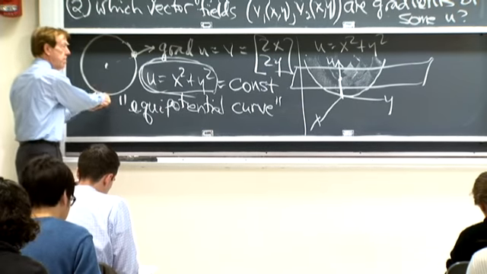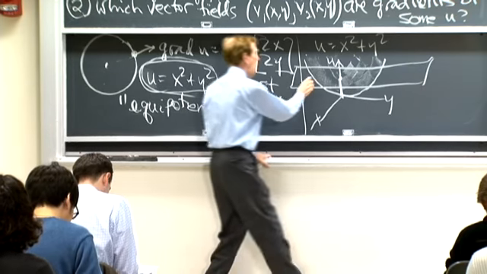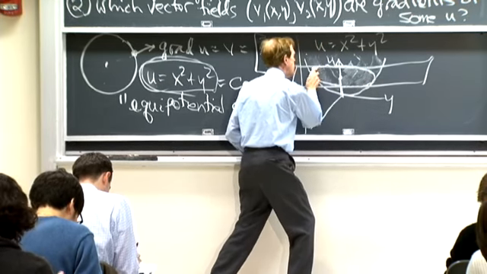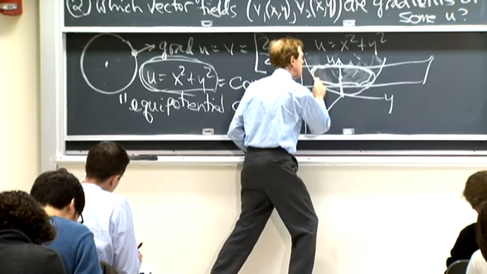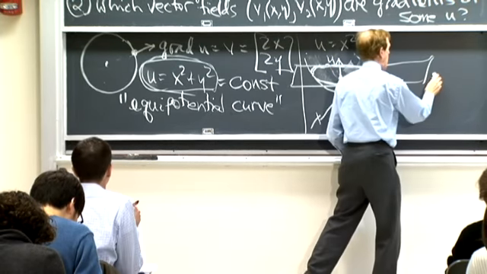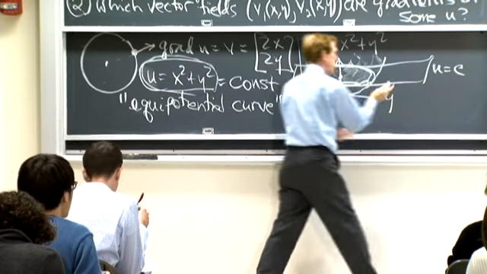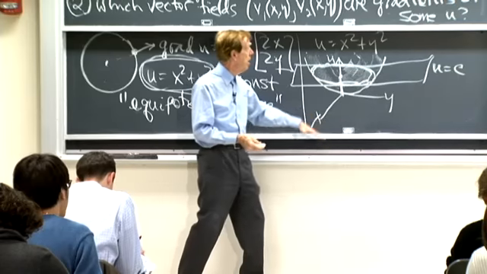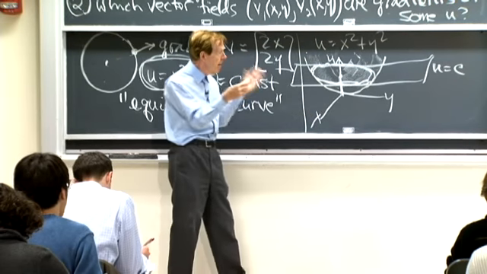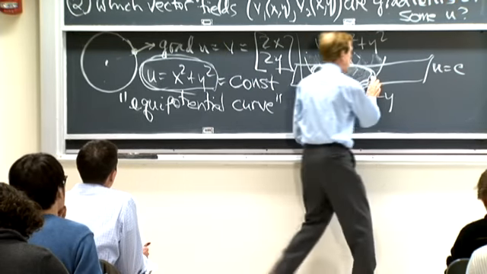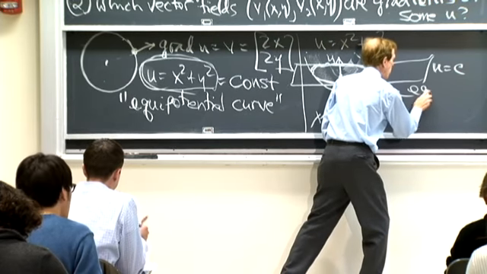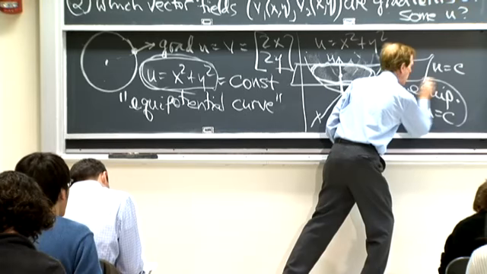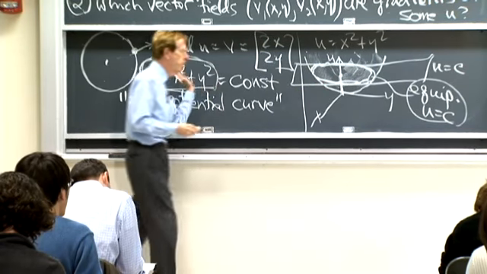It's the circle. This is height u equal constant. So I'm really intersecting one surface, the plane u equal constant, with the bowl, and the intersection of those two is the equipotential, the curve, u equals c, right? Do you see the two pictures?